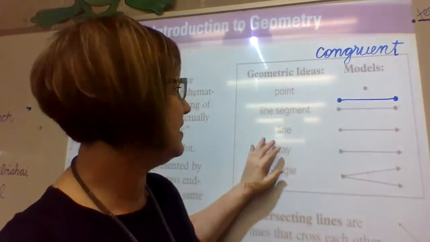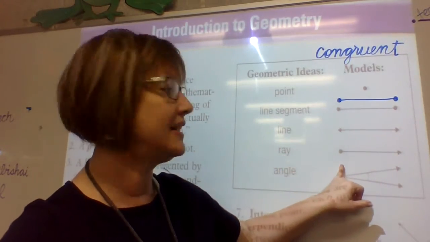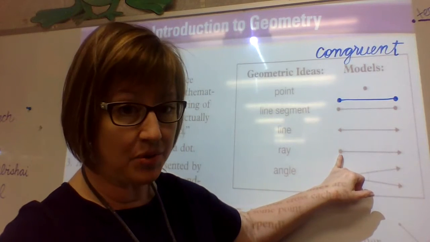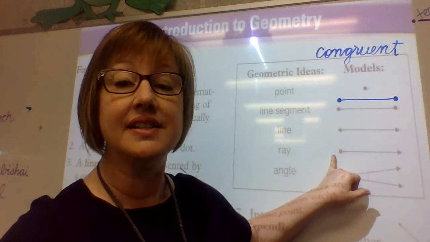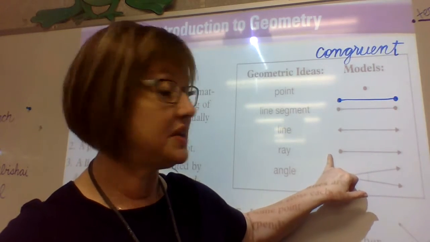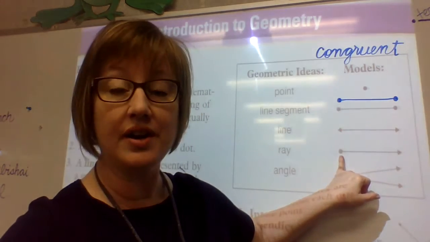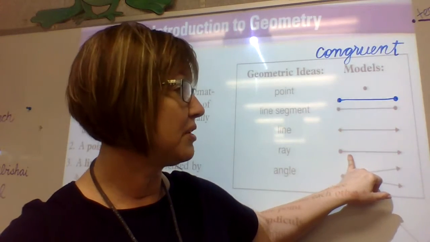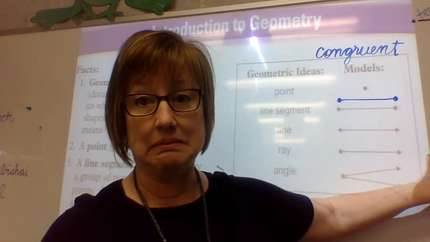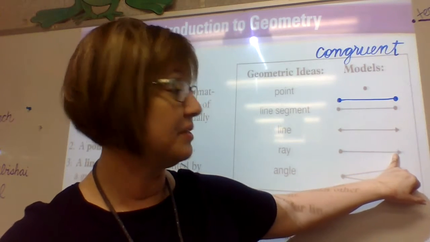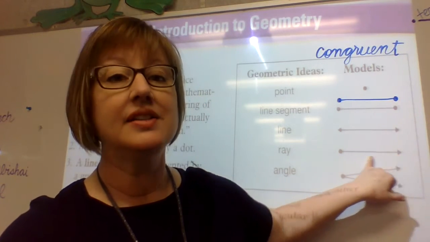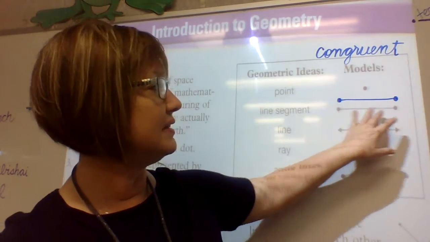But the next one, a ray, does have a beginning point but no end point. I say this is a lot like us in our lives. We have a birthday, a day that started our lives, and we are going to live eternally somewhere, either heaven or hell, the place of punishment. So this is like us. Some people think that we're like this.